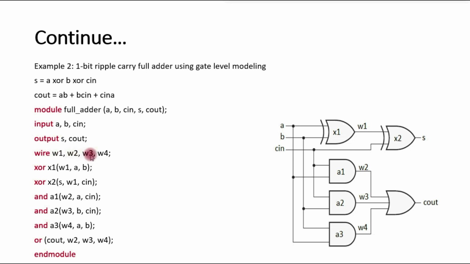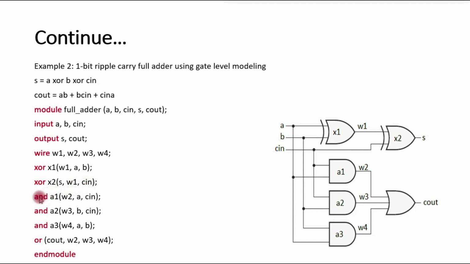W1, W2, W3, W4. So syntax for XOR gate, that is X1 gate, XOR X1 gate, and output for this X1 gate is W1, inputs are A, B. X2 gate, that is XOR gate, output will be final sum or S, inputs are W1 and C in, carry in.